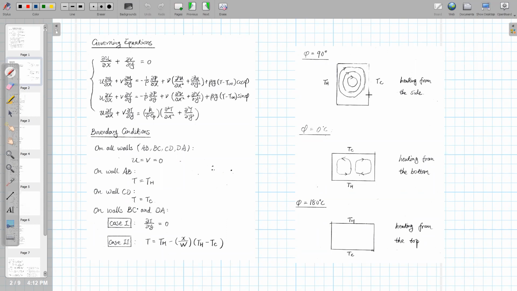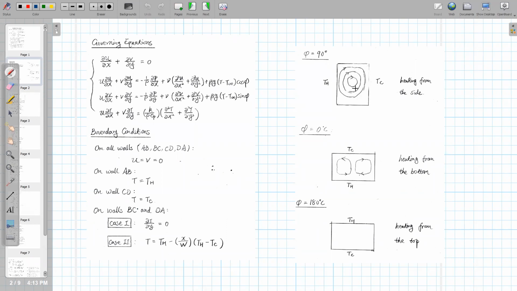So the flow will go down. You can consider this just like two vertical plates where natural convection happens, and it will form circular loops for the flow streamlines.